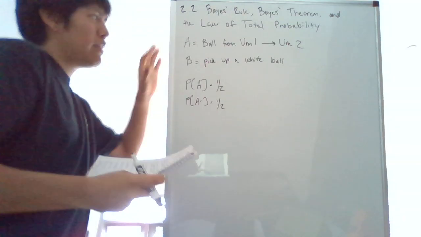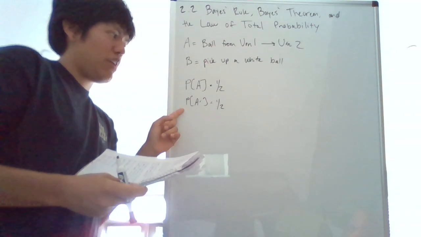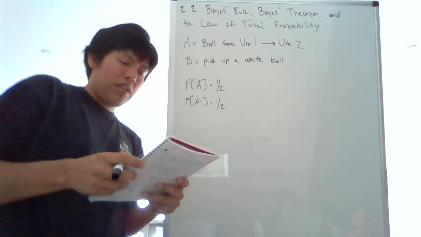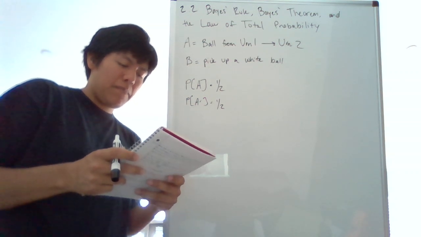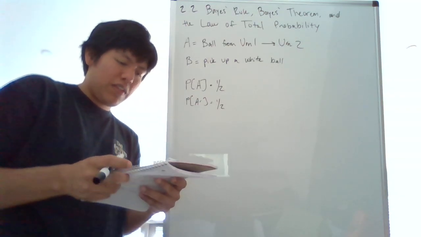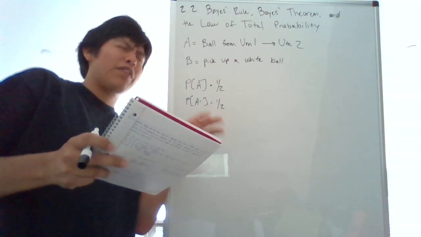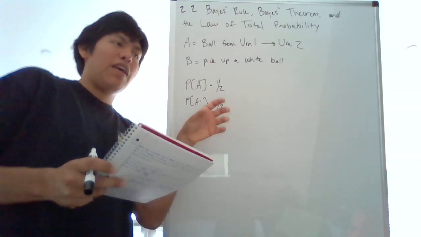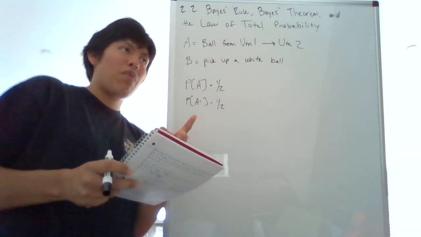Alright, so we have A, we have the probability of A, and we have the probability of A complement. Now, let me see if I can explain what I wrote here. If we closed our eyes and chose a ball from urn 1 to urn 2, and it was a white ball, then that means that urn 2, instead of having 3 white balls, now has 4.